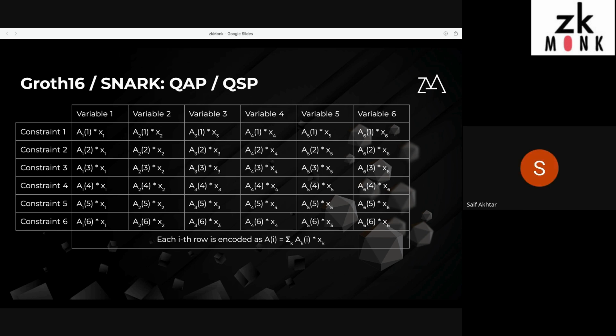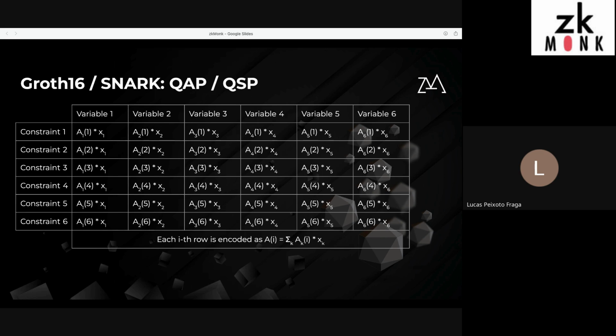You can DM me on Telegram. Don't DM me on Twitter because I don't have Twitter right now, because I'm from Brazil. Anyway, you have this equation, and you use it to divide the size of the domains that you have. And to do it, you have to query some values from the polynomial, and that's why you need to open the Merkle tree.